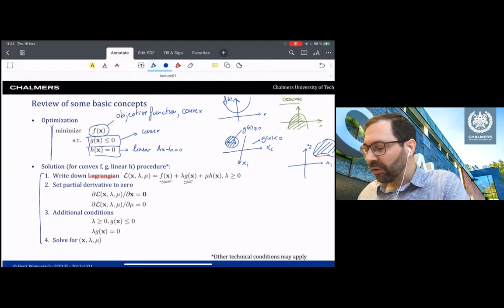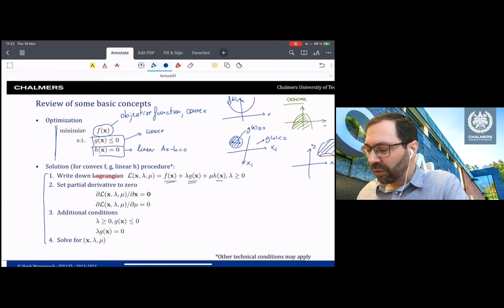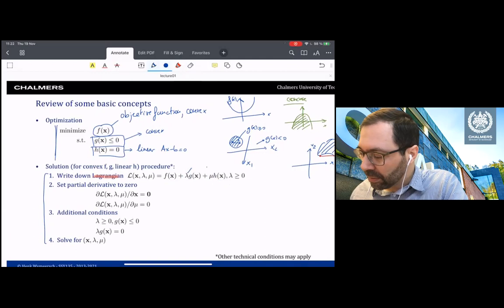It has all the constraints, but with so-called Lagrange multipliers. And the multiplier for the inequality constraints has to be non-negative. So this is a new function that we're going to optimize, with respect to all of the variables x, lambda, and mu. Again, these are called Lagrange multipliers.